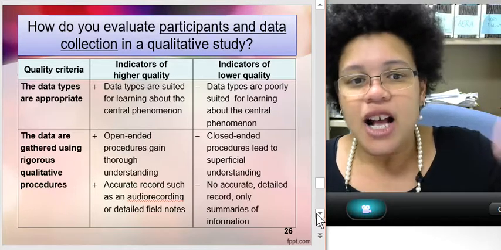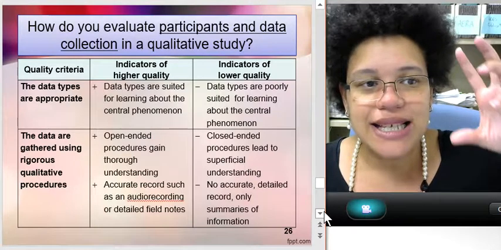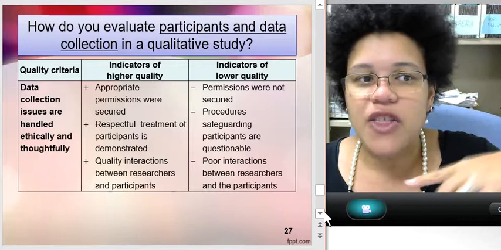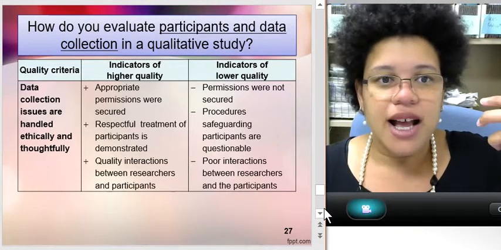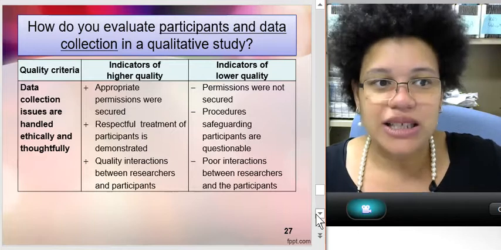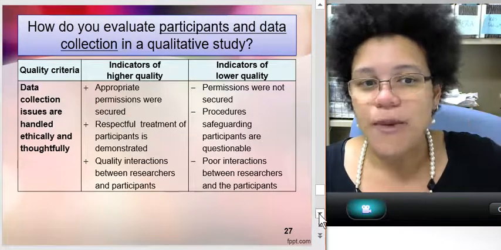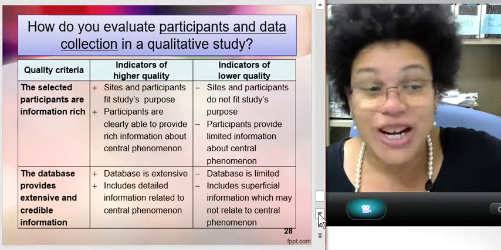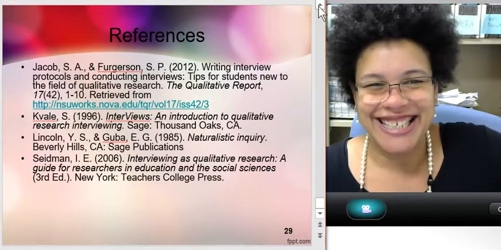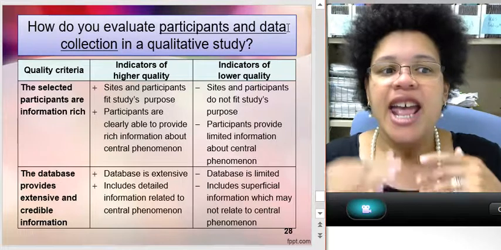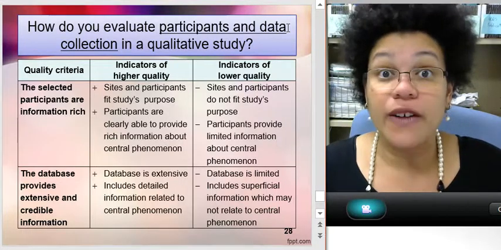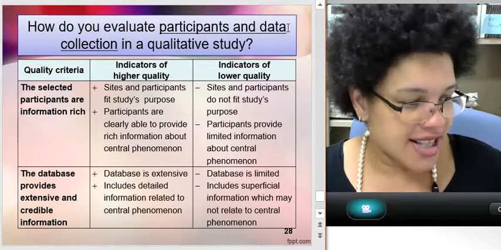And then on slides 26 and 27, there's more about evaluating participants and data collection in qualitative studies, and 28 also. So just the same kind of table that we've been looking at in terms of what you're looking for when you're looking at studies.